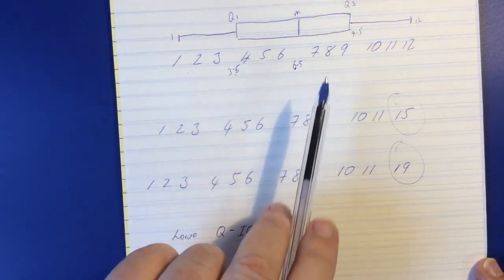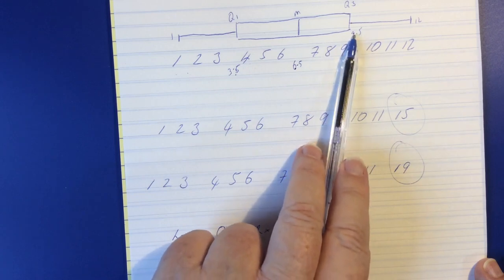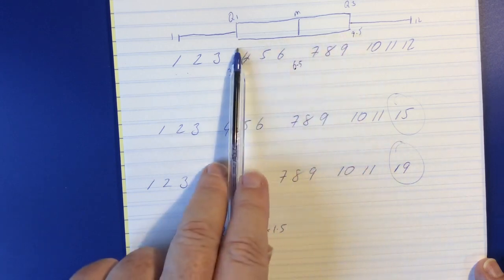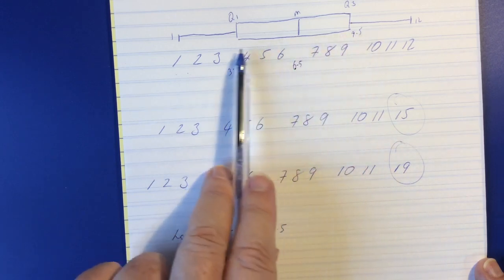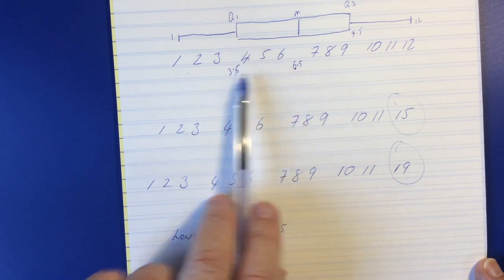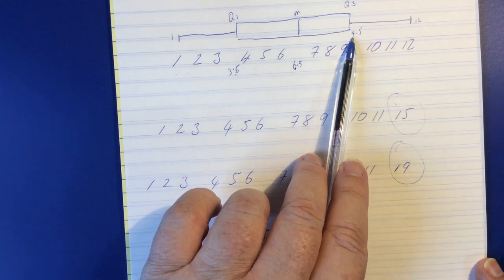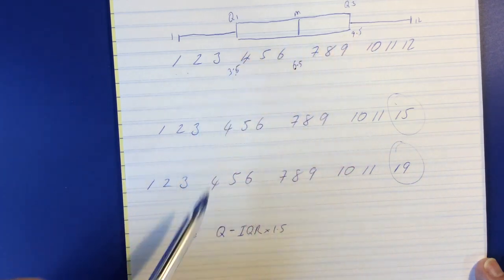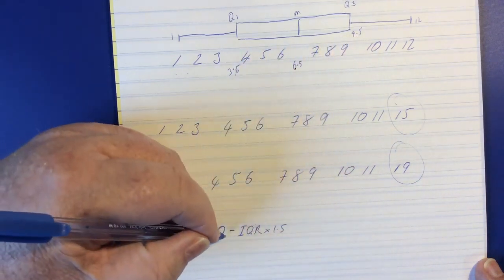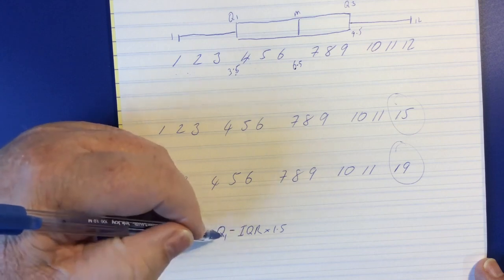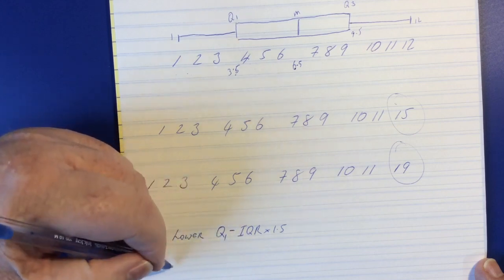Now, the interquartile range is the difference between this value and this value. So in each of these cases, it is the difference between 9.5 and 3.5, which is 6. Sorry, that should say Q1 and lower.